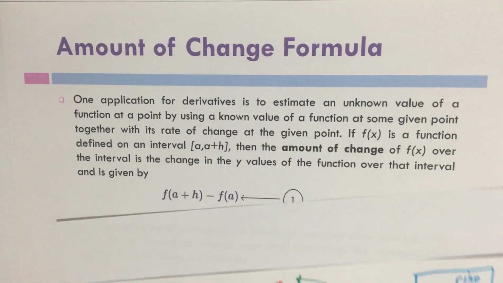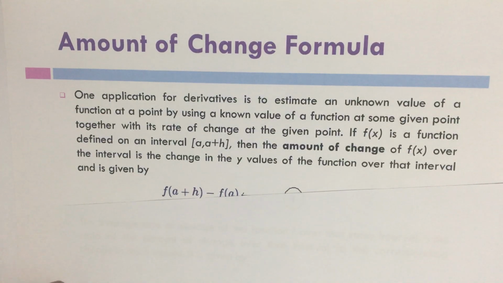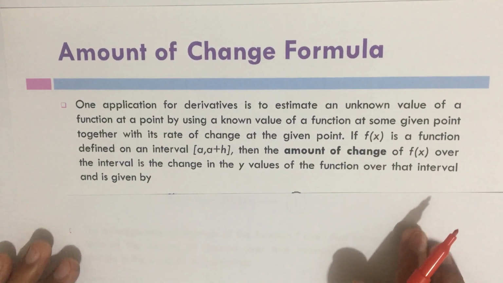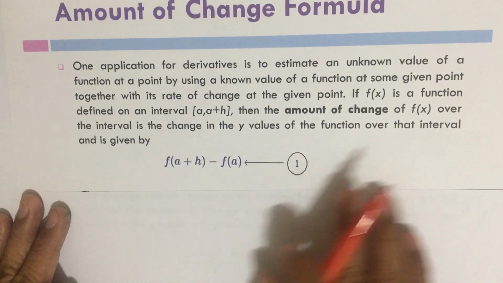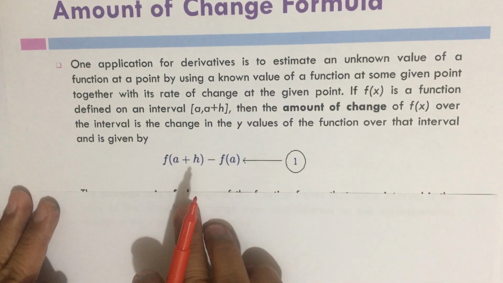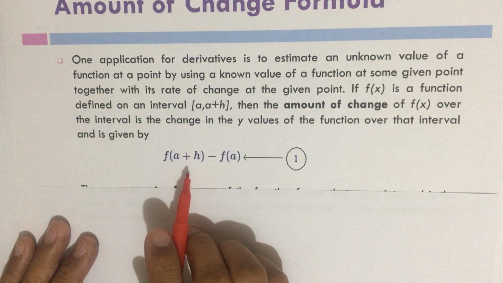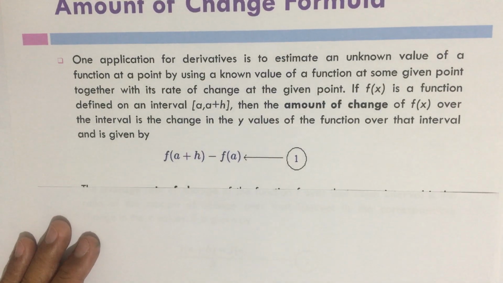So the amount of change of f of x over the interval is the change in the y values of the function over that interval, and it is given by f of a plus h minus f of a.